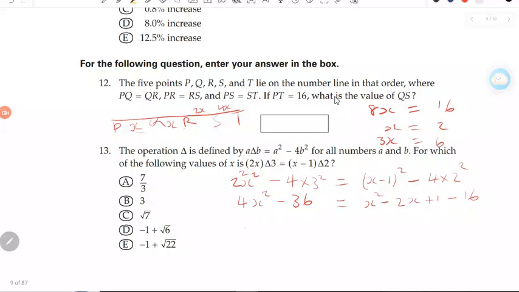What is the next thing? Bringing everything here. 3S squared. Let's bring 2S. Is it only 2S that we have? That's plus 2S. 1 minus 16 is 15. 36 minus 15.